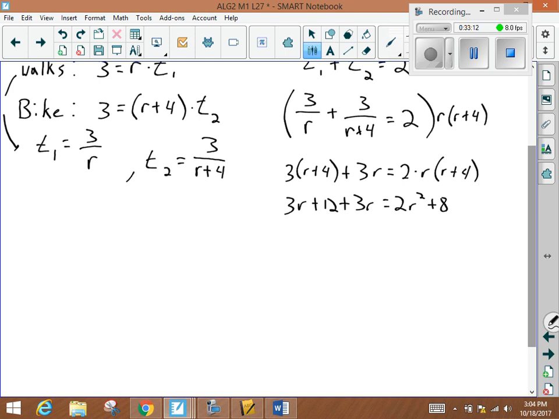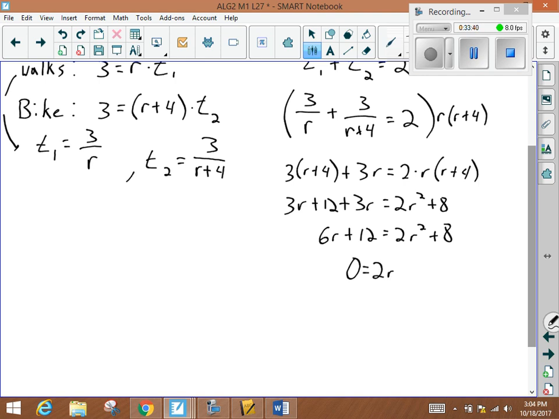Okay, 3R plus 3R is going to give me 6R. So just combining like terms over there on the left-hand side. And now I would really like to have everything over on one side and 0, right? On the left-hand side I'm going to go with. Right, we're going to set this equal to 0.